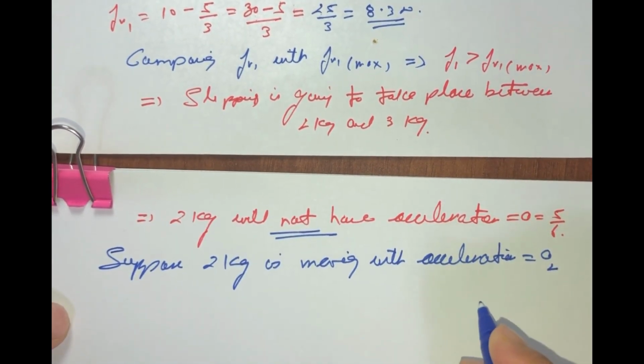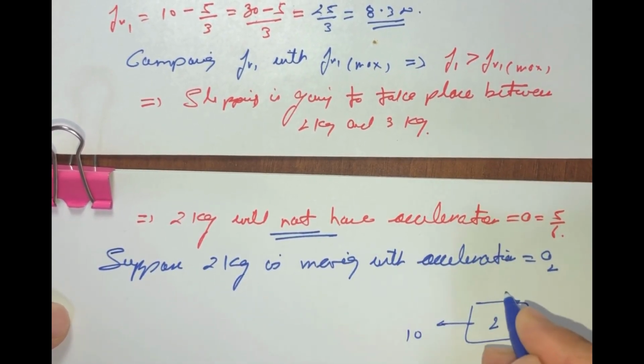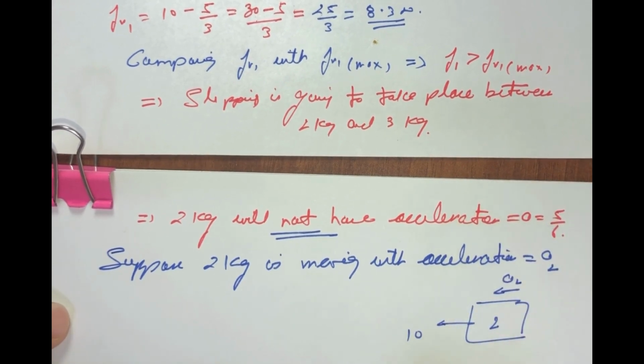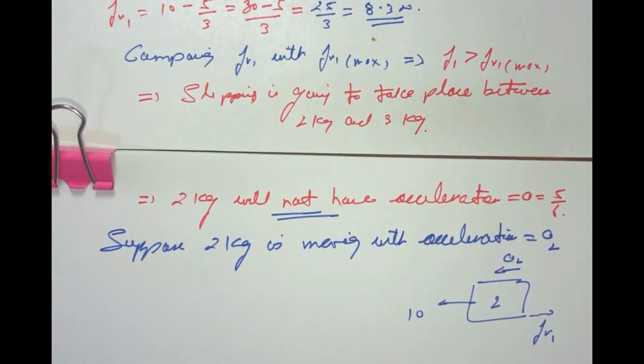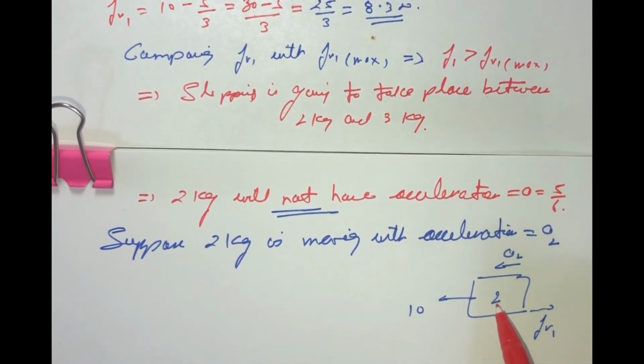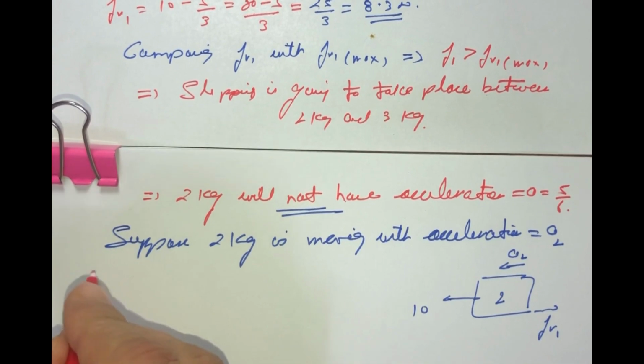So we can draw the free body diagram. So this will be 2 kg, a force of 10 Newton, and it is moving with A2, and we have a force of friction that is Fr1. Now as there is slipping between 2 and 3 kg, this value of Fr1 will be its limiting value.